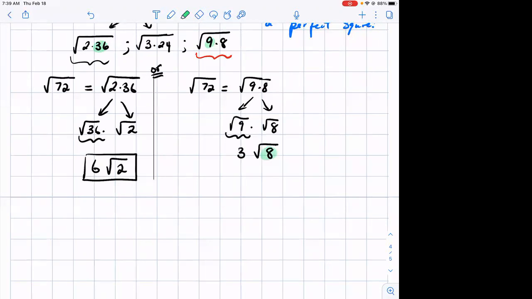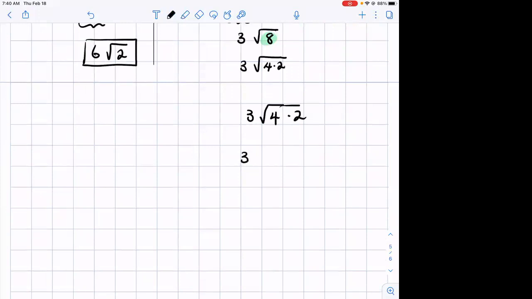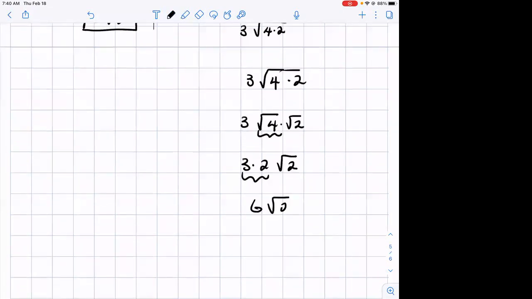Well, 8 can be simplified. 8 is the same as 4 times 2. And then once again, we have 3 times the square root of 4 times 2, you could rewrite this as the square root of 4 times the square root of 2. And the square root of 4 is 2. So we have 3 times 2 square root of 2. And 3 times 2 becomes 6 root 2.